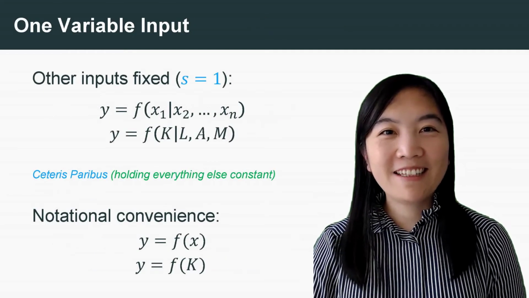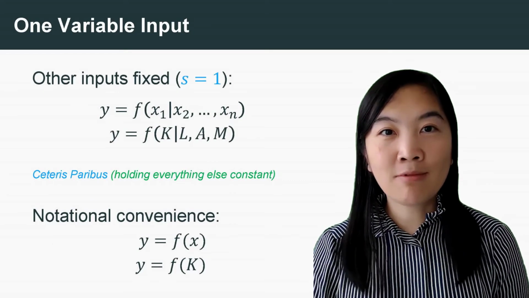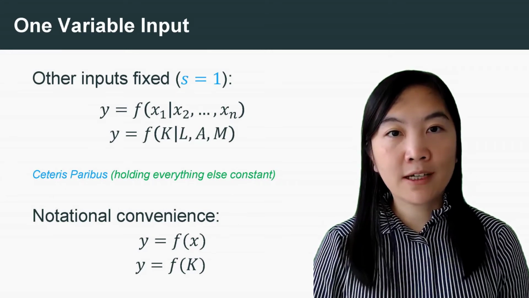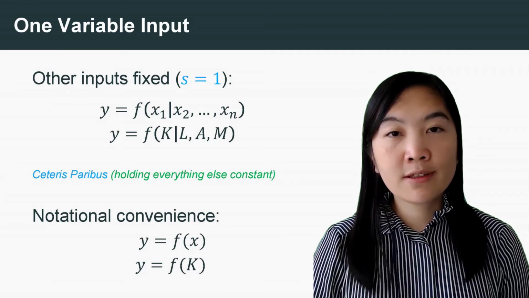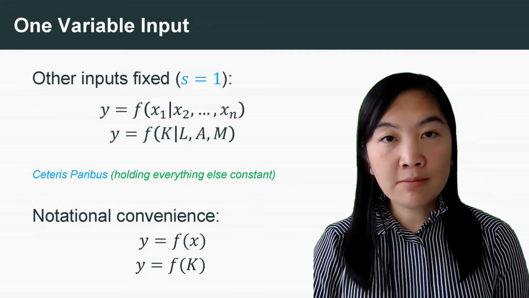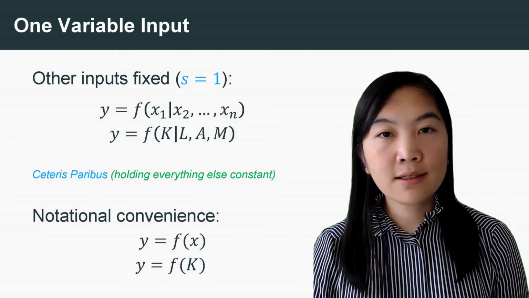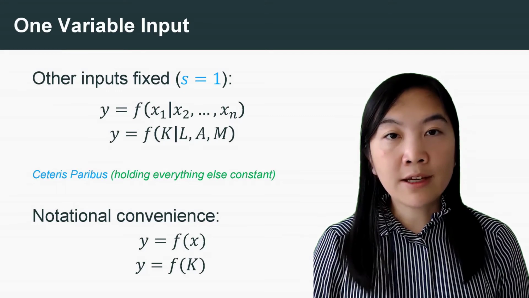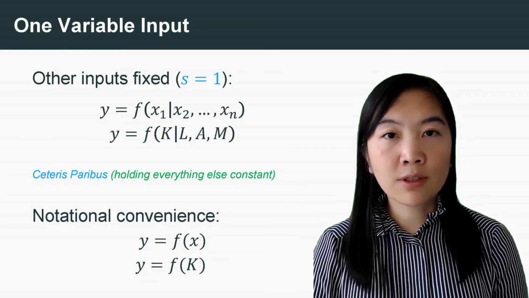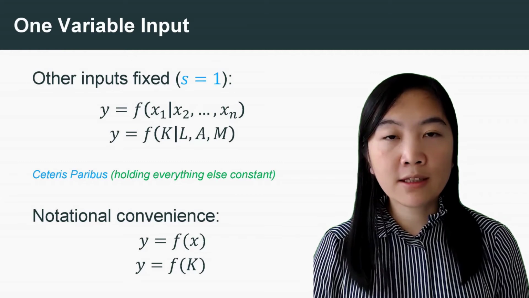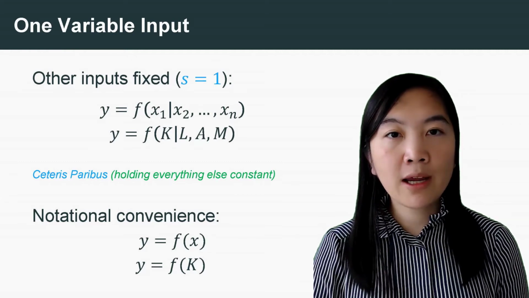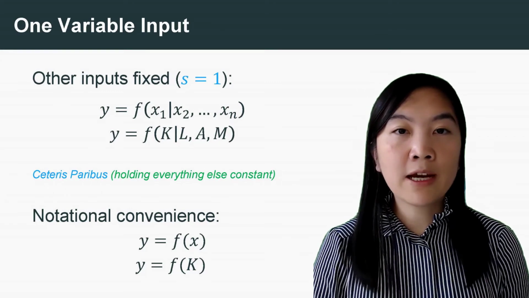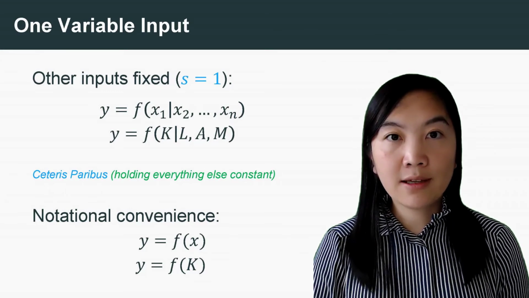To make our life easier, let's start with a 1 variable input and 1 output production function. This is obviously a short run production function where s equals 1, so all of the other inputs are fixed. If there's only 1 variable input, then the production function is y equals f of x1 conditional on x2 until xn.